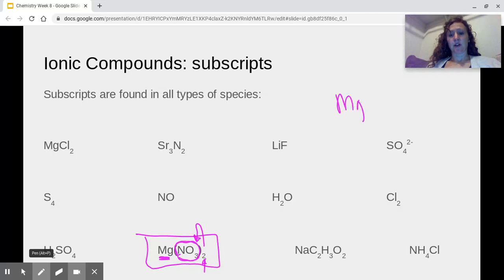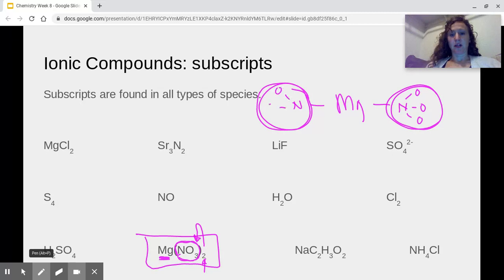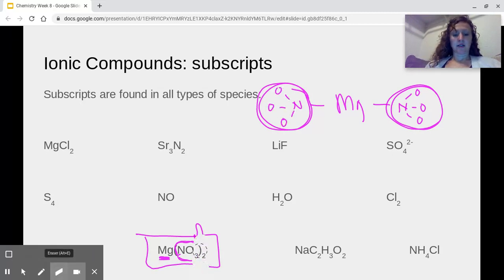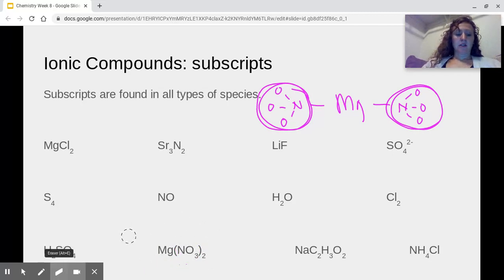So if we drew it out, it would look something like this. We have 1 magnesium, and we have that bundle that contains nitrogen and 3 oxygens. We have that bundle of nitrogen and 3 oxygens twice. That's what the 2 behind the parentheses means. So notice what happens to this 3.